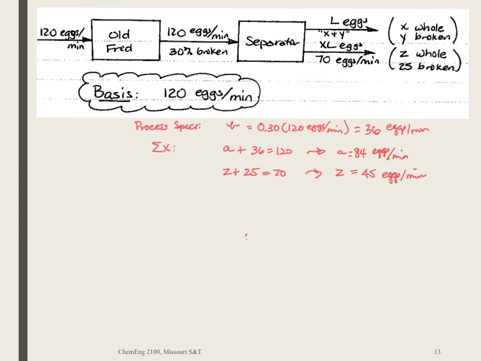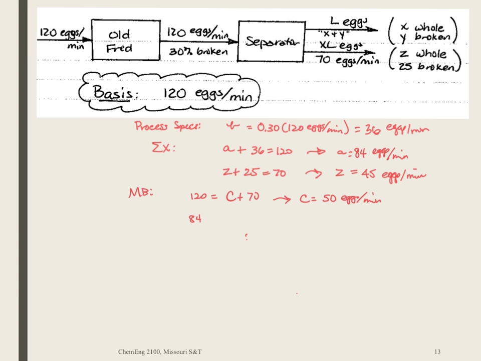All right, so next I can do my material balances. You could have done these in any order. Just so I know that total 120 N equals C plus 70, so C is going to be... okay, and then I can solve for X and Y. I could do a whole egg balance, I guess.